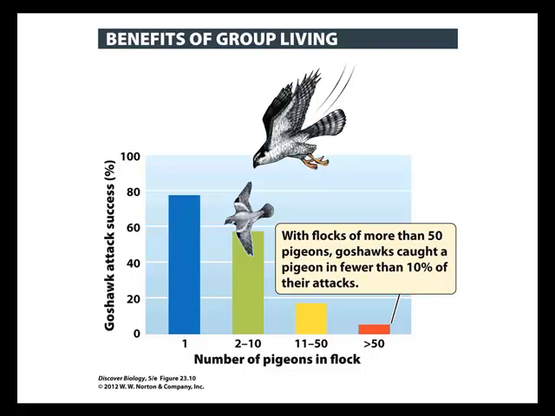With these behavioral changes, they're less likely to die or be exploited. In this case, you've got goshawk attack success rate, right? You can see that pigeons do very poorly when they're on their own, but they can confuse their predators when they flock in groups.